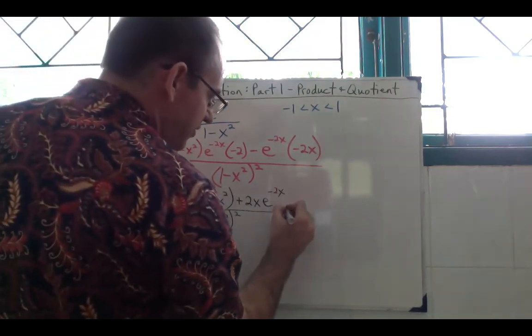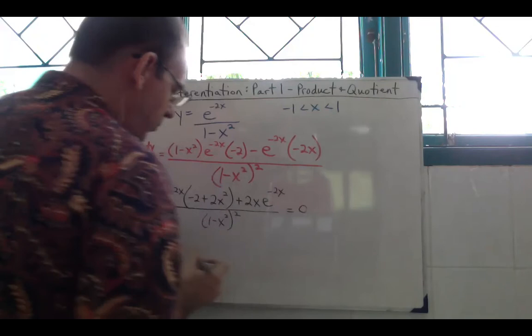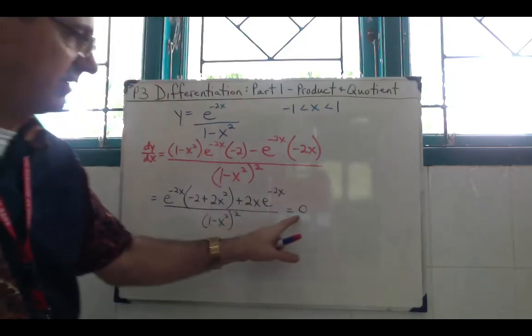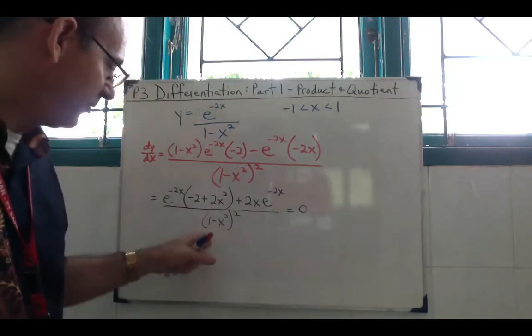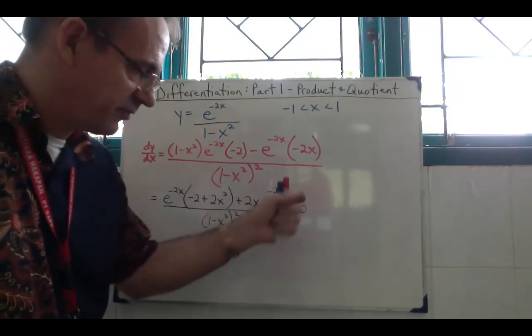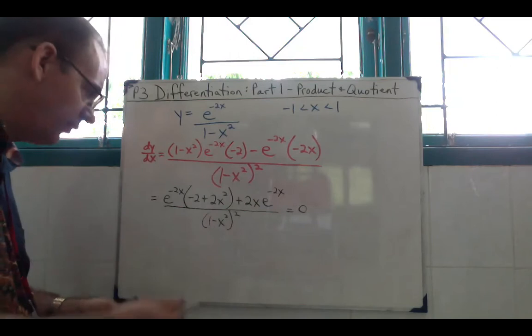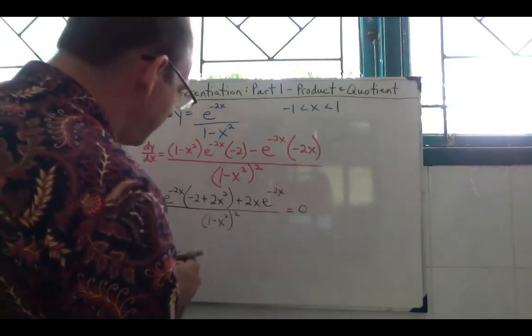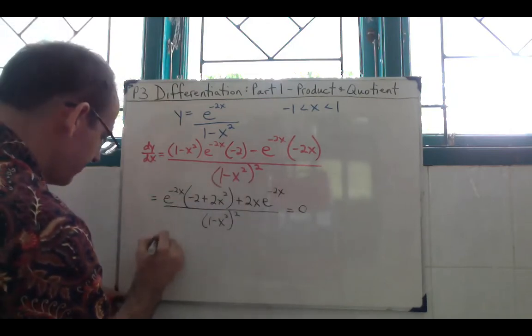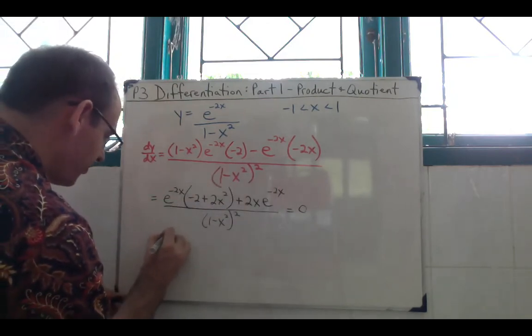And because we're doing stationary point, this has to equal 0. Because this equals 0, it basically cancels out our denominator. If you just multiply the denominator to the other side, it disappears into the 0. So what we're left with is really the top, and we can factor out that e to the negative 2x from both terms.